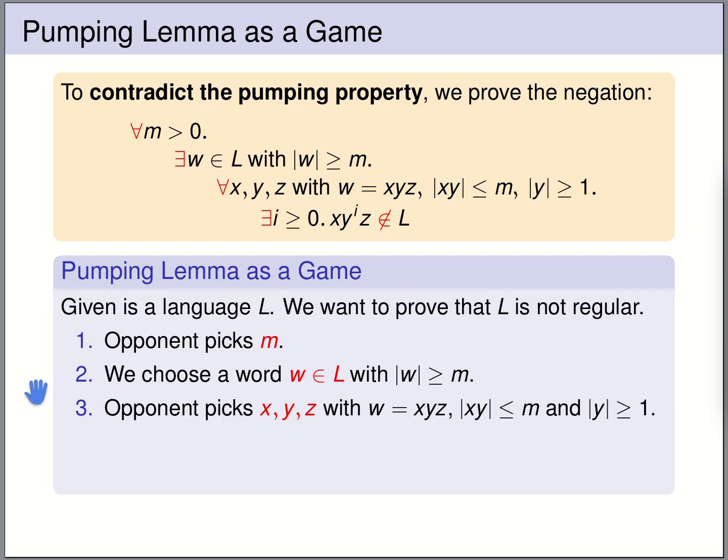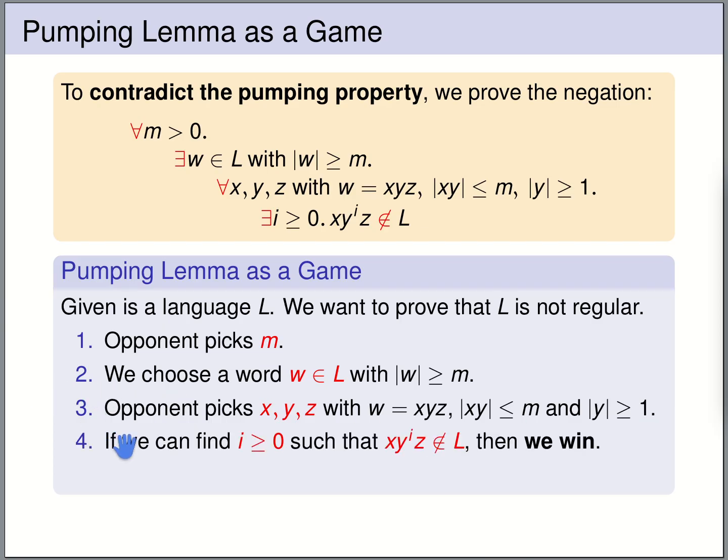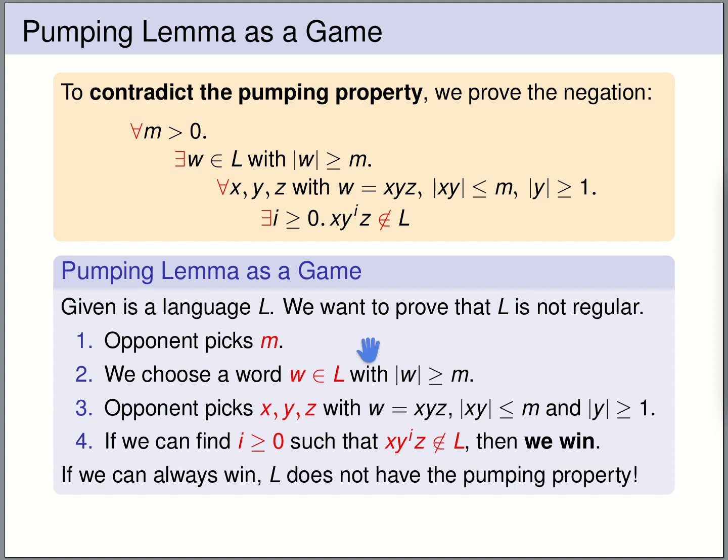And then it's again our move. We can pick an i such that if we pump the middle part i times, so if we take x, y to the i, z, we get out of the language L. If we can pick such an i, then we win. And if we can always win no matter what the opponent does, then we have proven that the language is not regular.